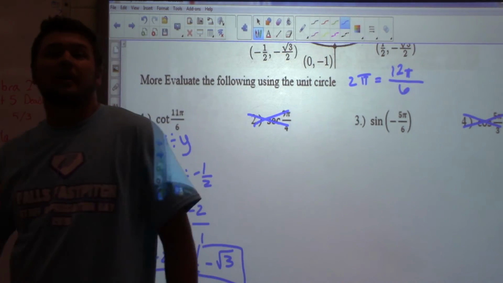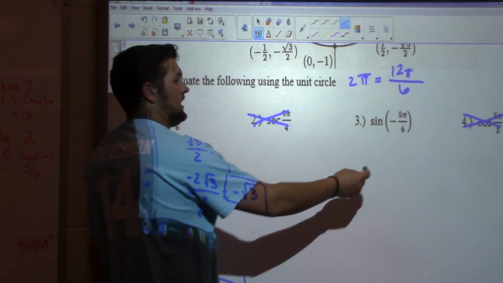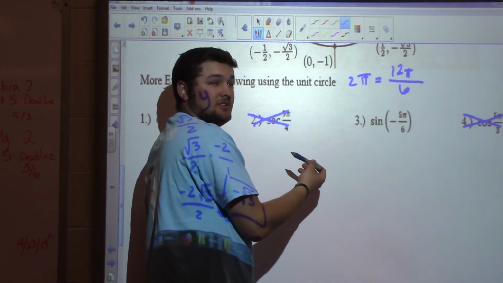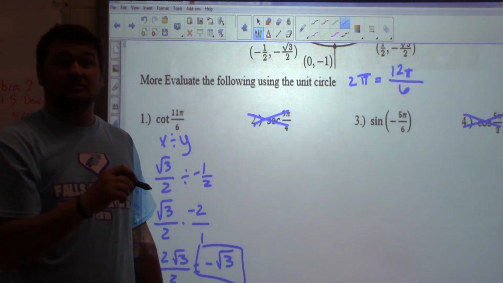So if it's 12 pi over 6 all the way around the circle, but I'm going -5 pi over 6, do you think I can maybe just subtract them to find the positive value?